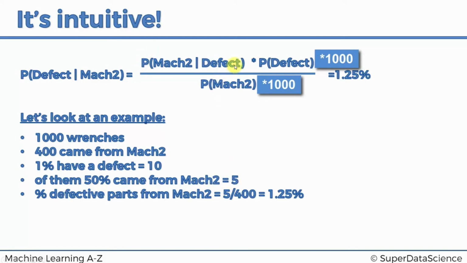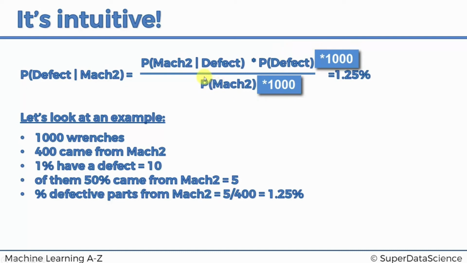This line is actually us performing this operation here. We're saying the probability of a part coming from machine 2, given that it's defective, is 50%. So basically, to get to this, we took 50% and multiplied it by 1%, times 1,000.